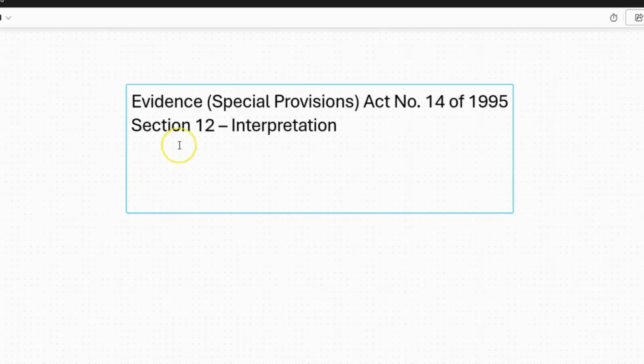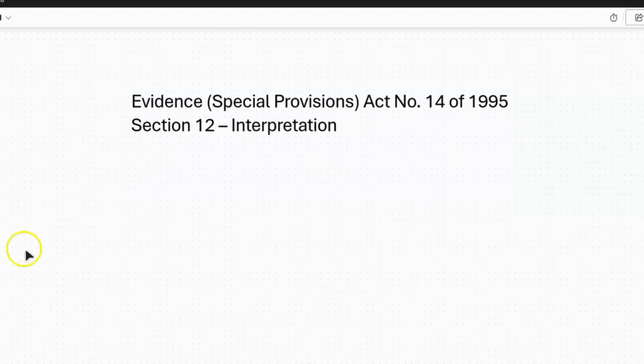The next one, section 12, interpretation. Section 12 explains the meaning of important words used in the Evidence Act. These definitions help the court understand exactly what the Act means.